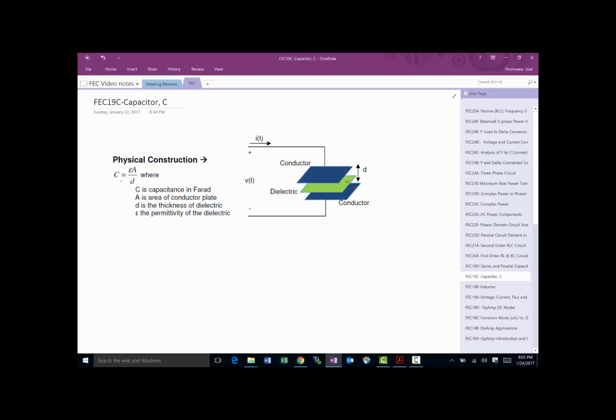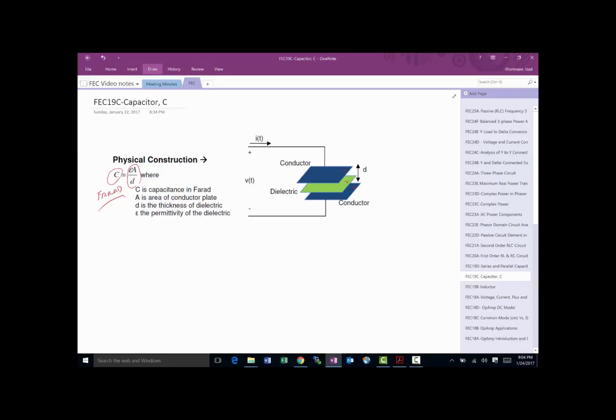And the capacitance, which is measured in farads, F-A-R-A-D, is basically calculated based on its construction with this equation, where A is the overlapping area of the conductors, D is the distance between the two conductors, and E is the permittivity of the material we are using as a dielectric. Okay, so that's basically what that C is all about.